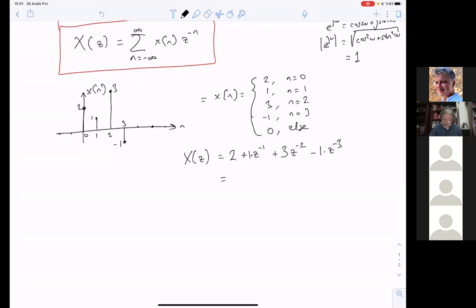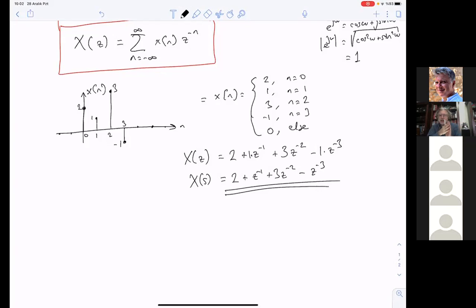Let me just write it in a more compact way: 2 plus z to the minus 1 plus 3 z to the minus 2 minus z to the minus 3. Now, if I give you this z transform as X of z, just by looking at it, you see the signal itself, the values of the signal.